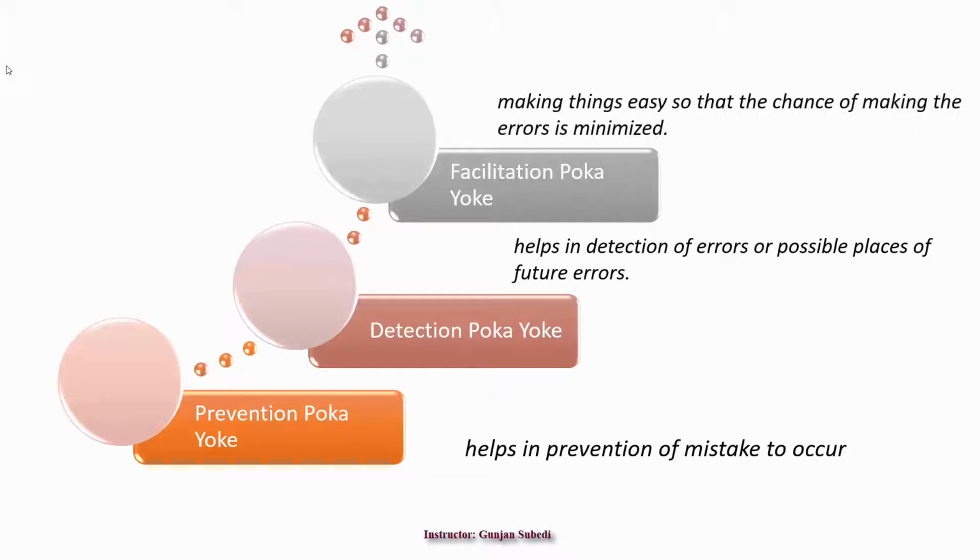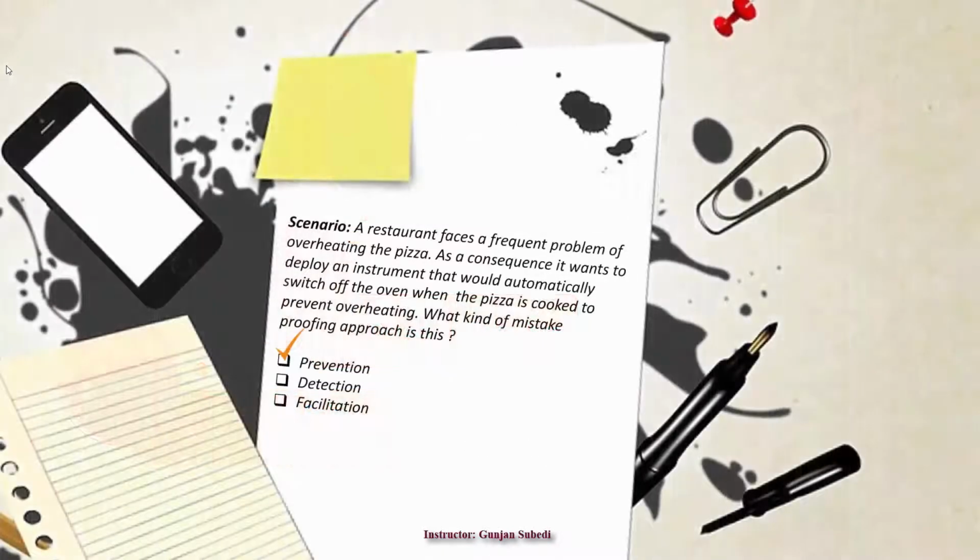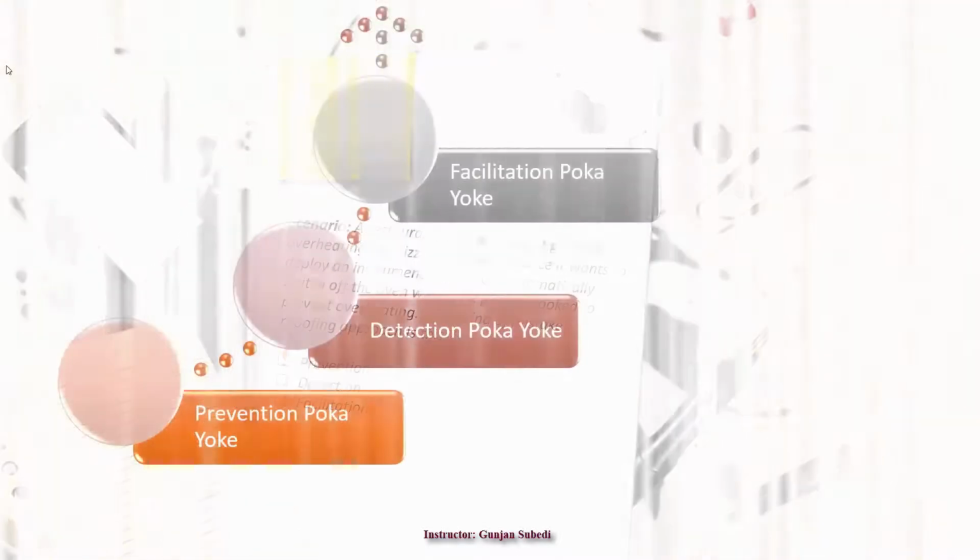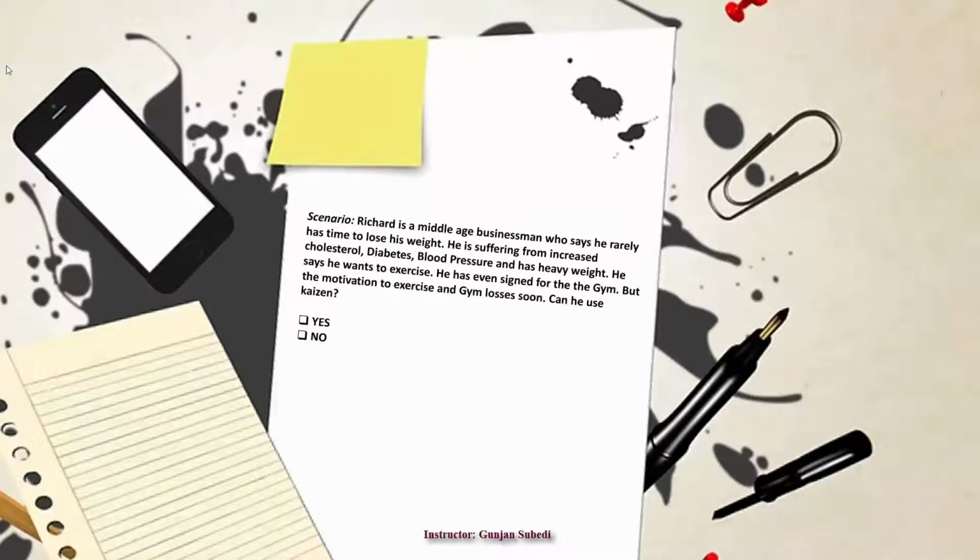And facilitation pokayoke is used in making things easy so that the chance of making errors is minimized. So in this case, the instrument is automatically switched off so that the pizza can be prevented from overcooking or overheating. So this is a kind of prevention pokayoke. Let us look at another scenario.